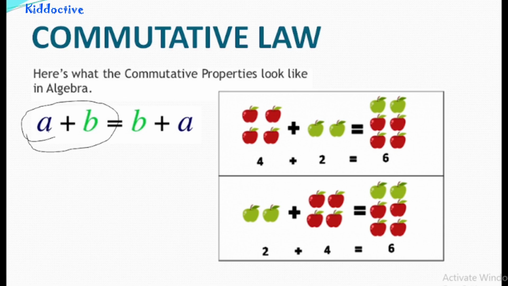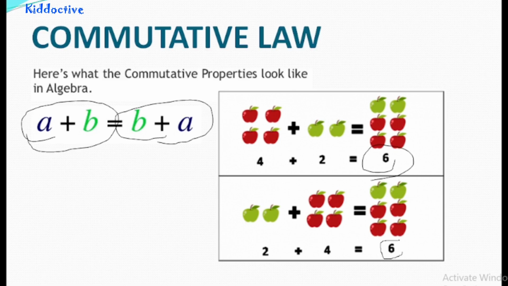Here a is on the left hand side and b is on the right hand side. Now here b is on the left hand side and a is on the right hand side. Their order has been changed but the value is the same.